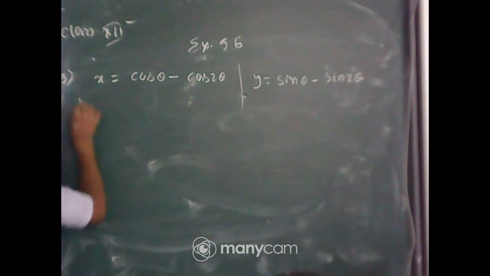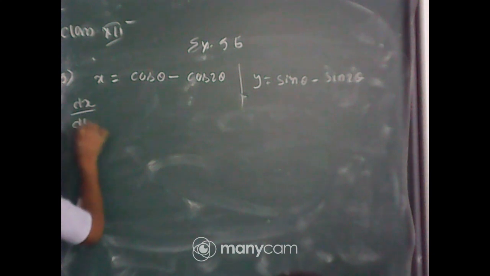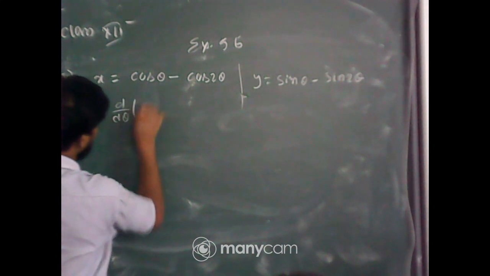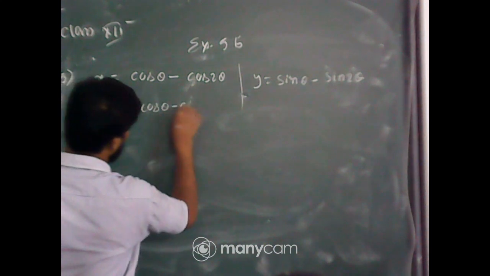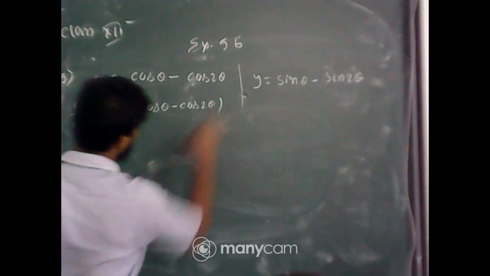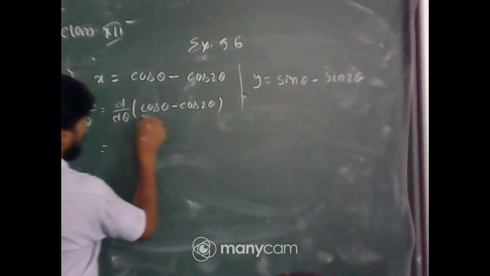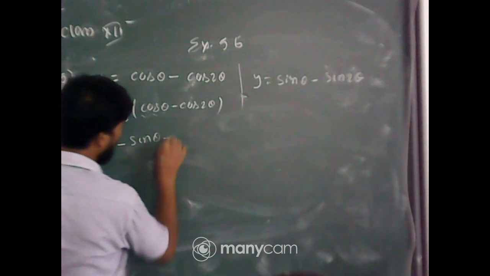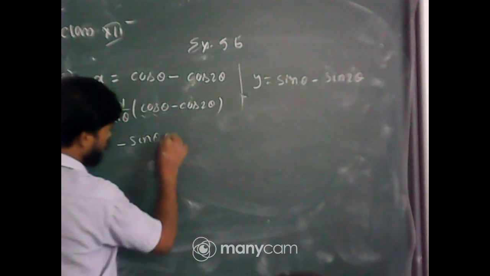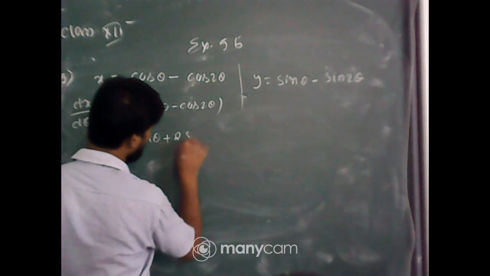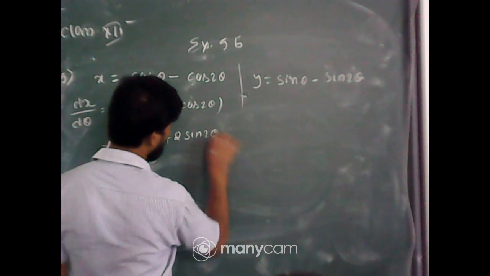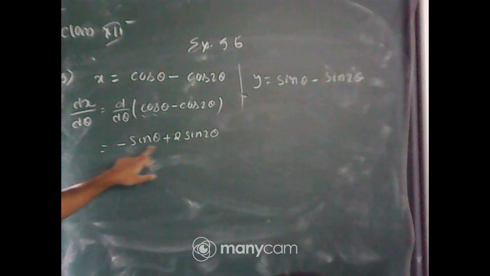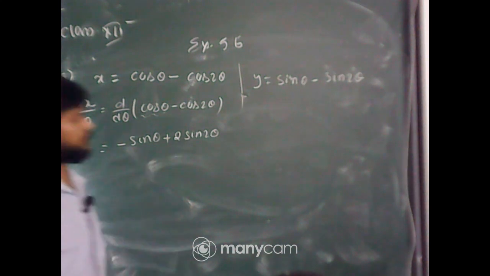So first, differentiating x with respect to theta, we have d/d theta of cos theta minus cos 2 theta. Now look, the derivative of cos theta is minus sin theta, and the derivative of cos 2 theta is minus 2 sin 2 theta. So dx/d theta equals minus sin theta plus 2 sin 2 theta.